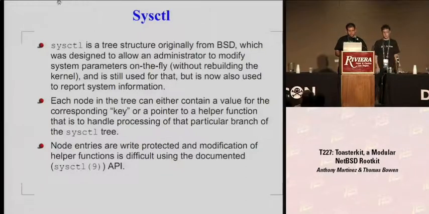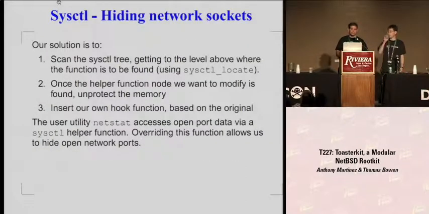So to actually hide the port, we needed to find the TCP helper function node inside the sysctl tree. As soon as we find that, we can create a new hook, just like we would do for a system call hook.